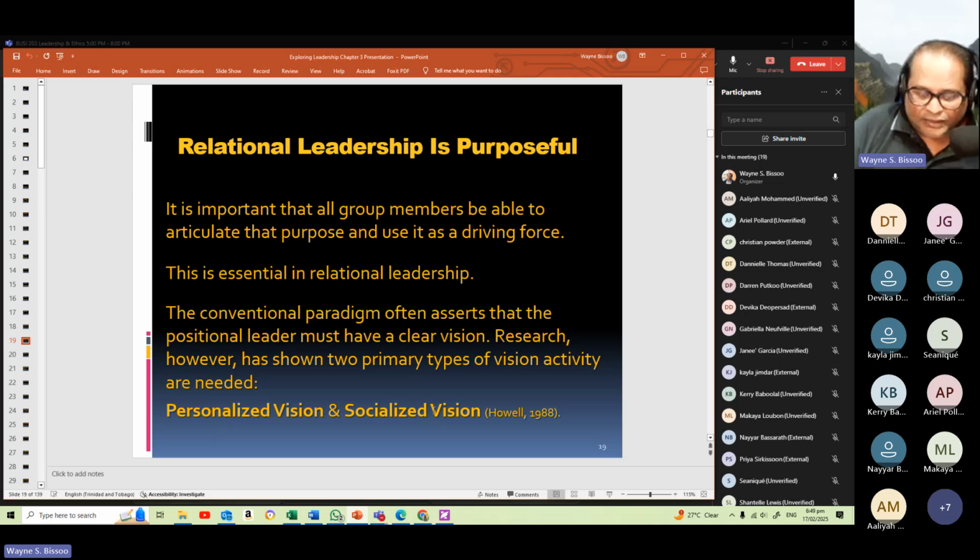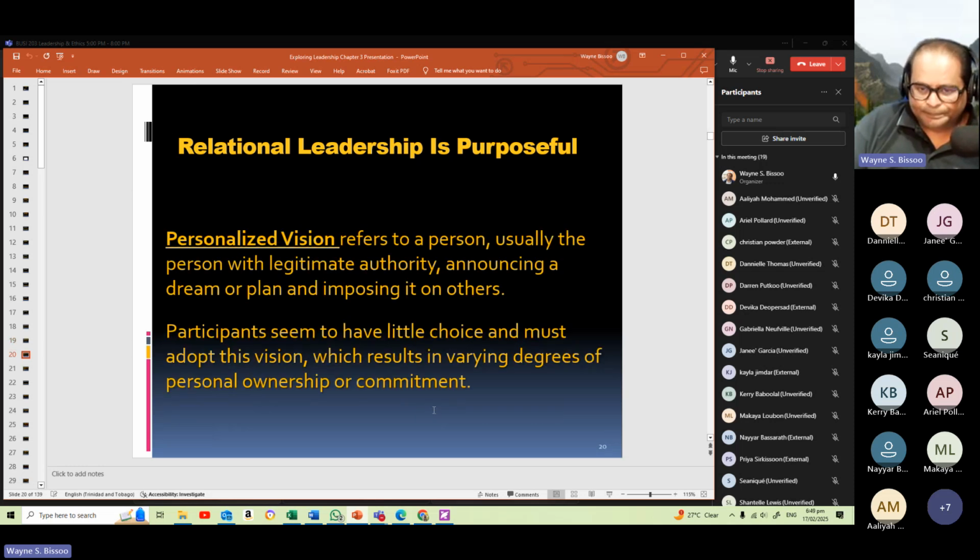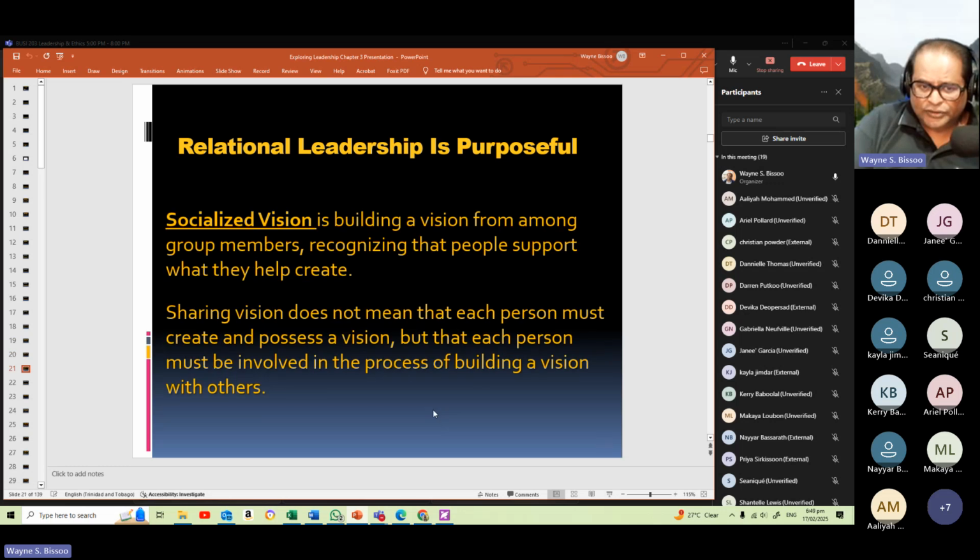So understand that what we're talking about here is where you have people buying in, as opposed to a personalized vision, which is a different approach to things. So the best way to do it is to actually try and use that socialized approach to developing the purpose of an organization.